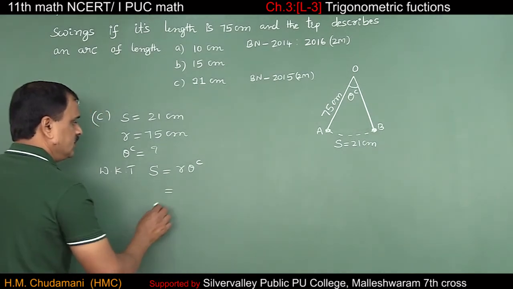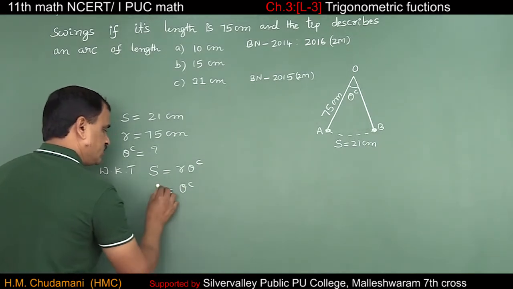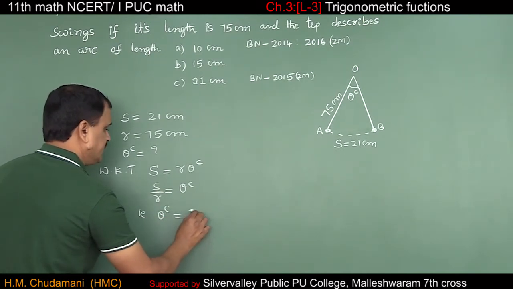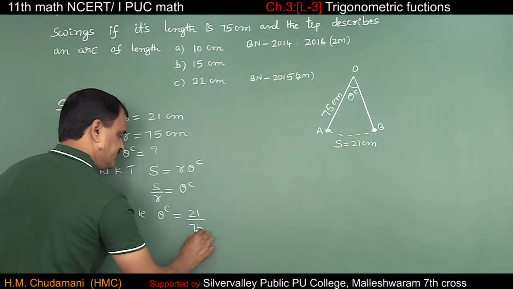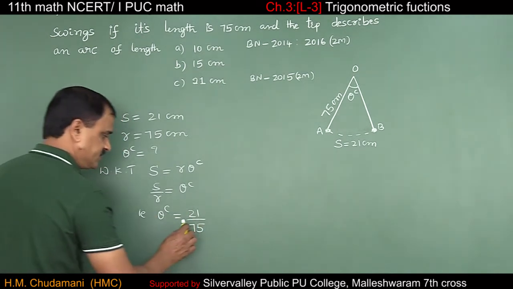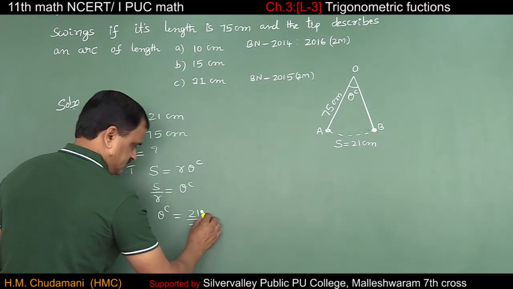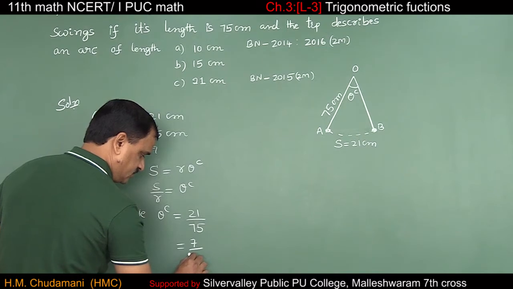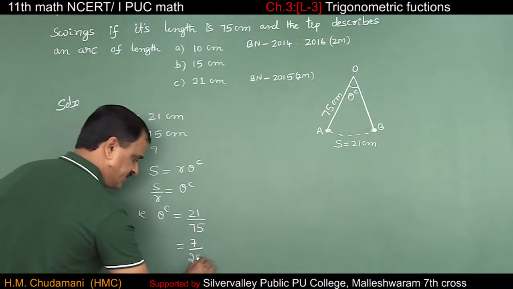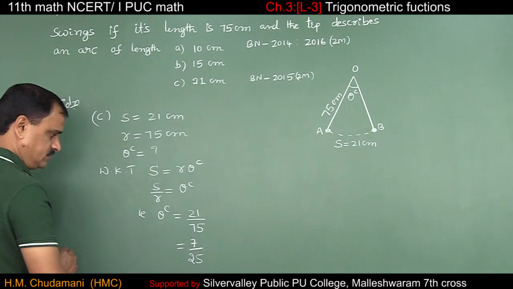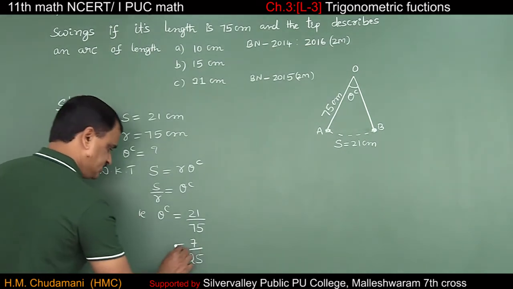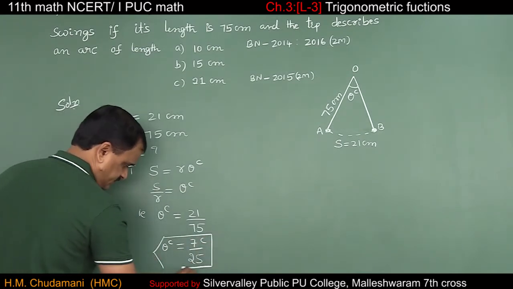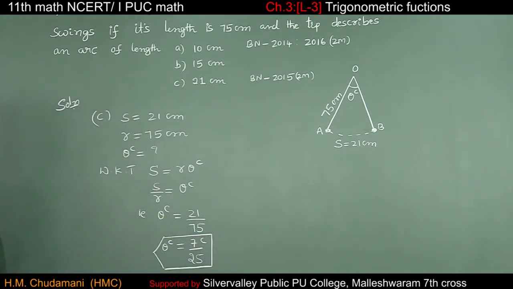So theta radian is equal to S divided by R. So S is 21, R is 75 only. Okay, 7 times 21, 2 times 6, 5 times 15, right? So theta radian is equal to 7 by 25 radian. 7 by 25 radian.